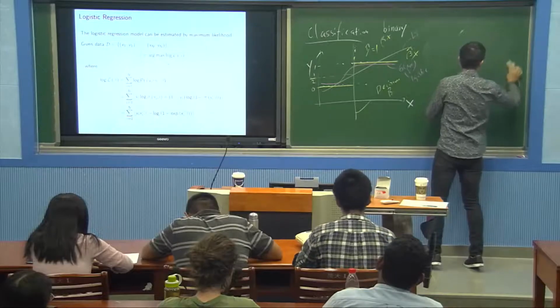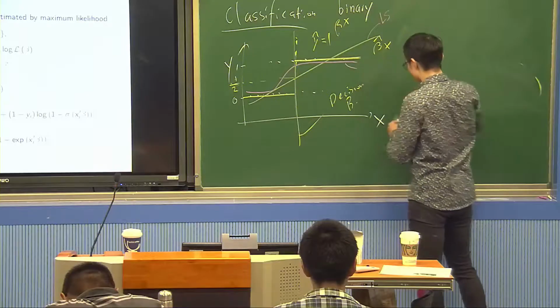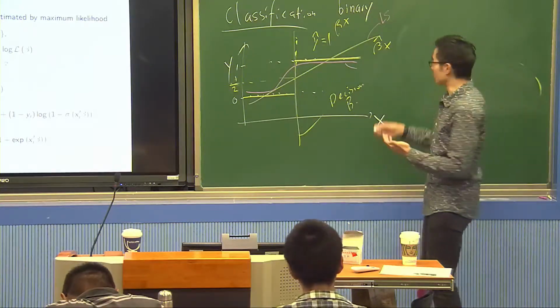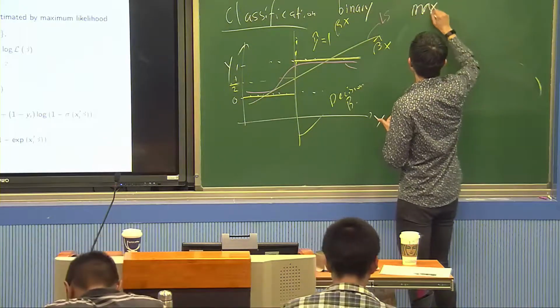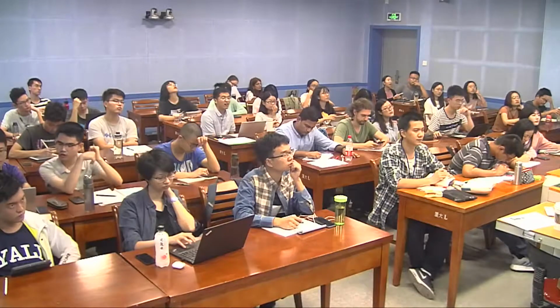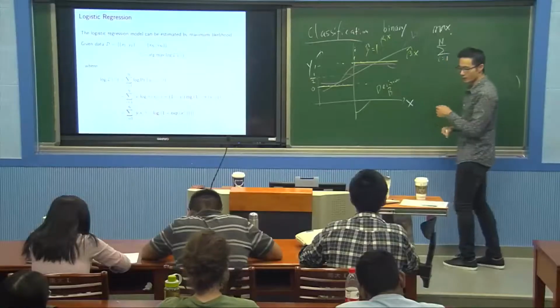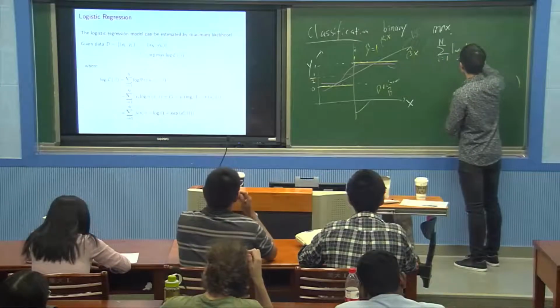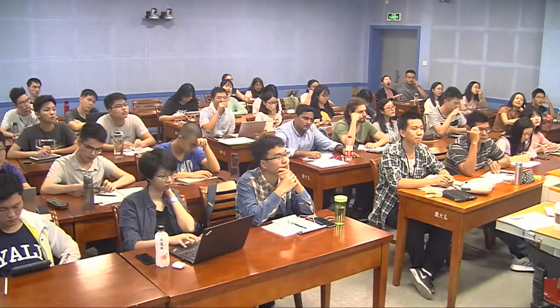So to estimate the logistic regression, we need to maximize the likelihood. So we maximize the sum from i equal to 1 to all n data points of log probability of yi given xi. That's what we do. Now, of course, this is a function of beta.